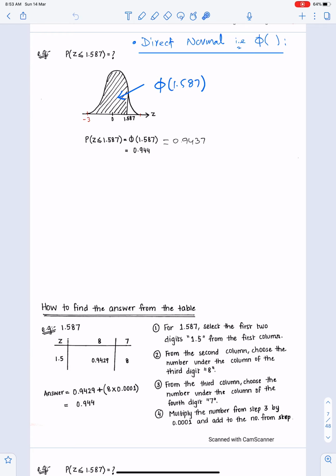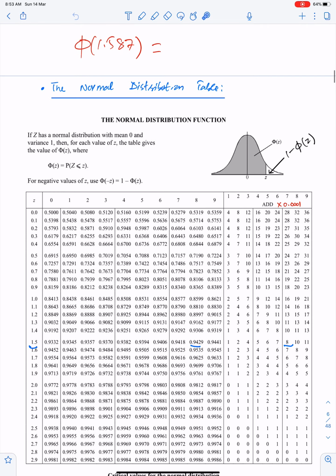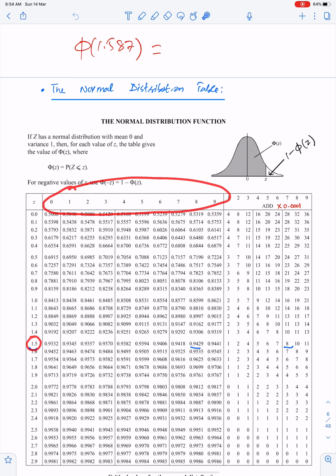Let me repeat this again and let me do this from the table. We need this answer 1.587. So number one, you need to search 1.5 in this column. So here is 1.5. Number two, from the second column, choose the number under the column of the third digit 8. This is the third digit 8 and choose this number.